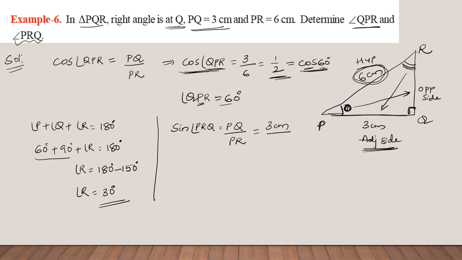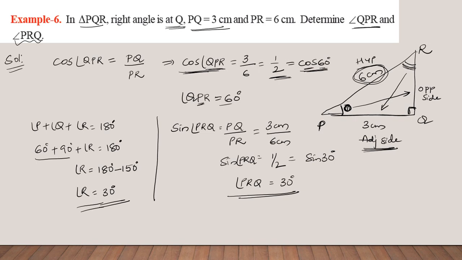PQ is 3 centimeters by PR is 6 centimeters. So clearly it gives me 1 by 2 again. But here in this case we are having sine. So sine 30 degrees is nothing but my value of half. So clearly angle PRQ is equal to 30 degrees. So this is one more approach. Either you can make use of the ratio or you can directly take the sum of interior angles of a triangle.